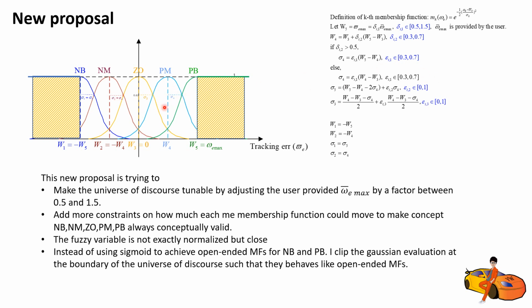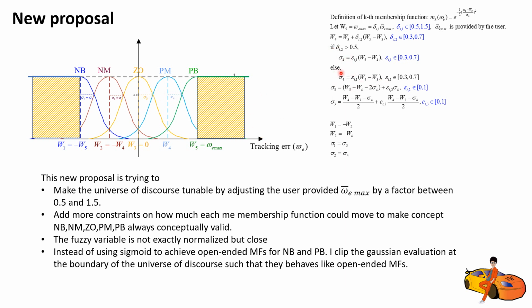So I determine the sigma 4 to be equal to a factor times this omega 5 minus omega 4, and then if this center W4 is closer to ZO, to 0, then I basically use the distance between W4 and W3 times a factor to determine my sigma 4.